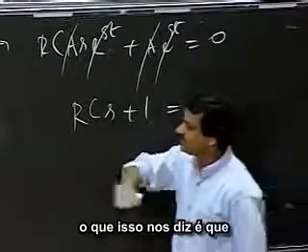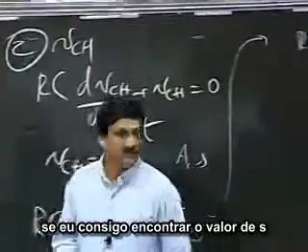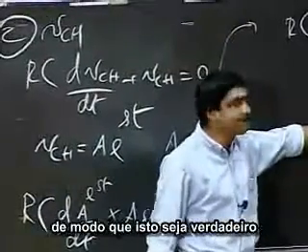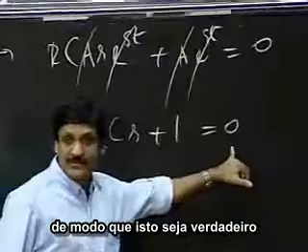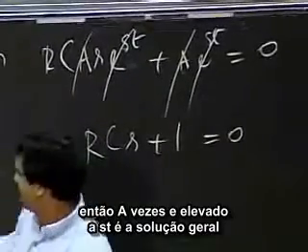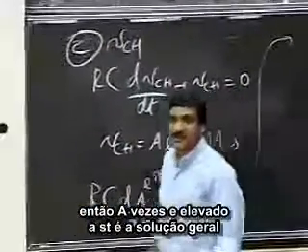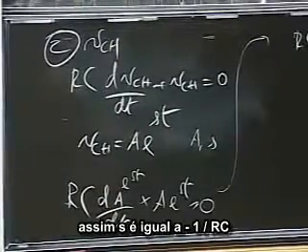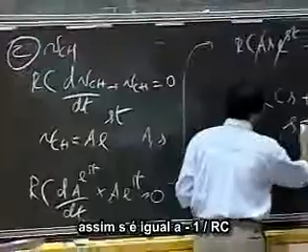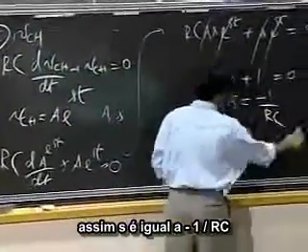What this is saying is that if I can find an S such that this is true, then A e to the st is a general solution to my homogeneous equation. And S is easy enough: minus 1 by RC.